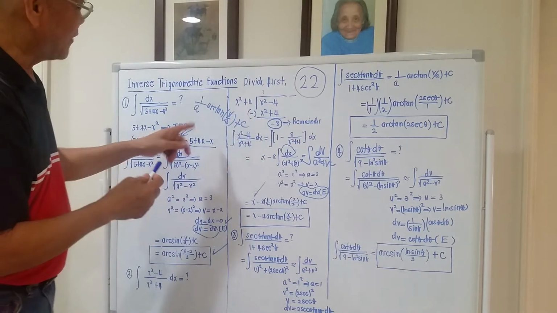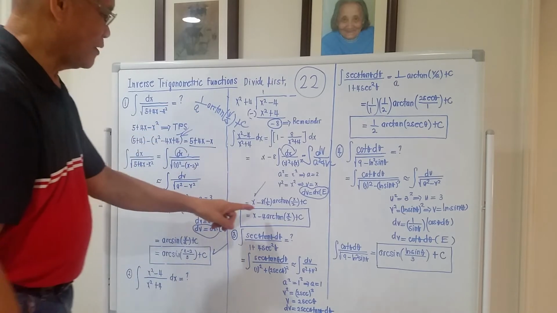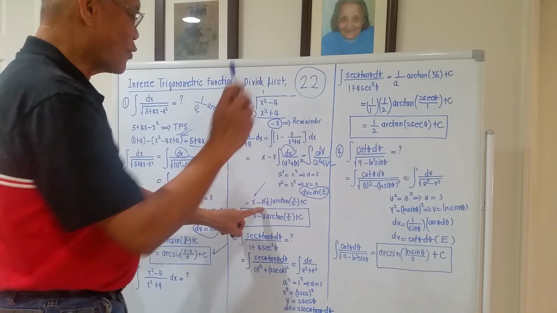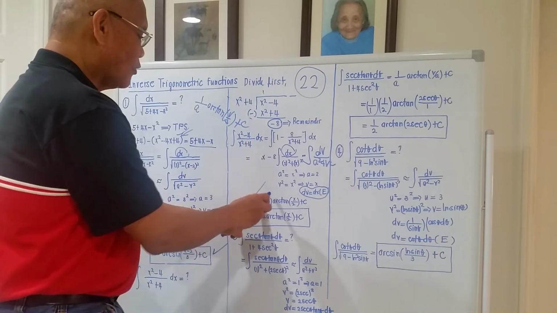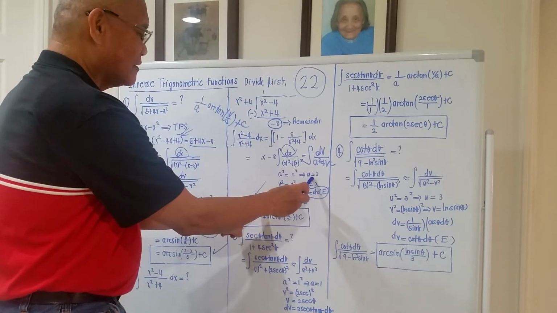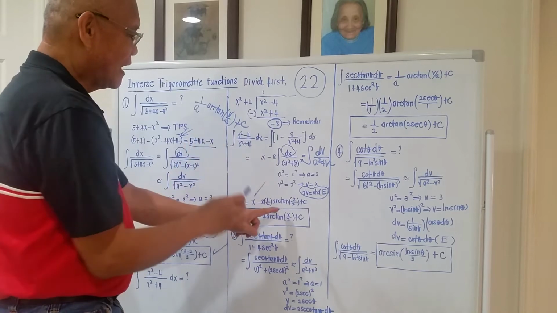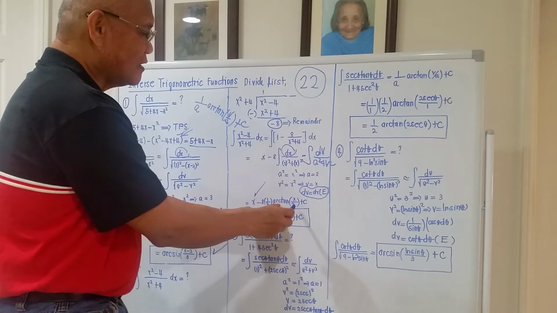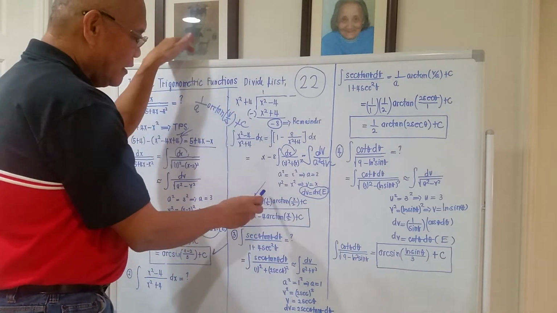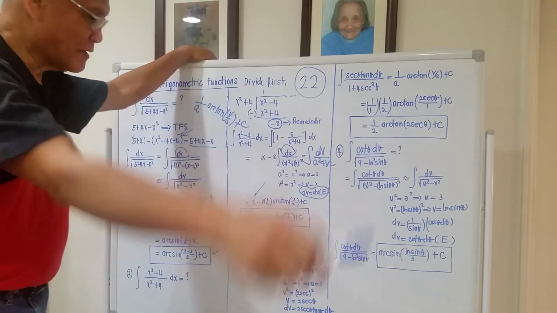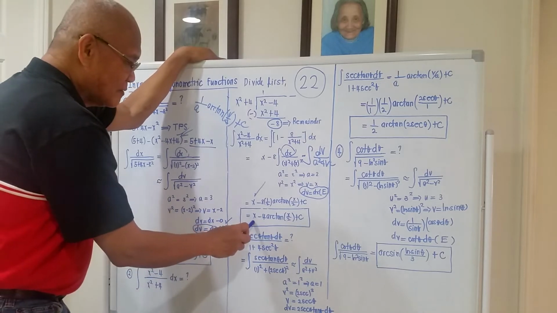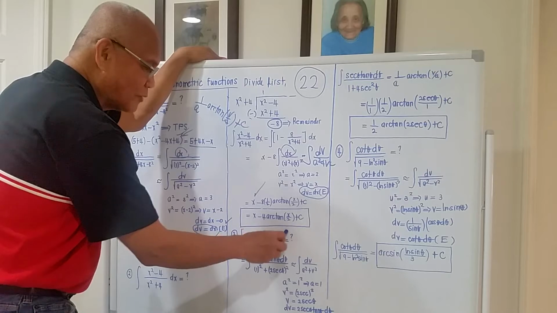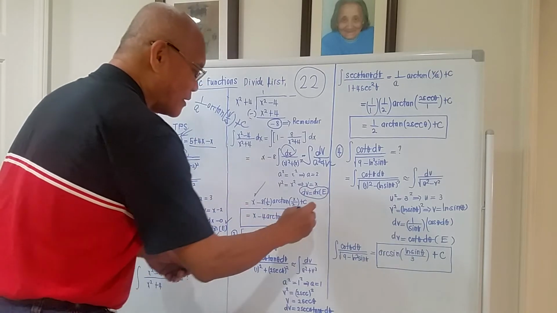So this should be minus 8 times 1 over a, 1 over 2, since a is 2, arctangent of b, which is x, over a, which is 2, plus c. 8 times 1/2 is 4. So the final answer is x minus 4 arctangent of x over 2 plus c. That's the final answer for number 2.